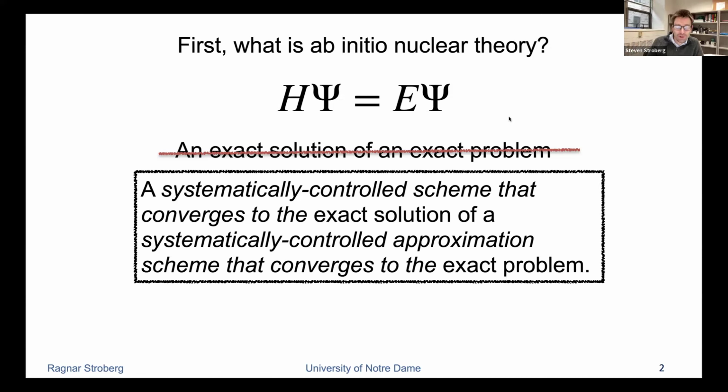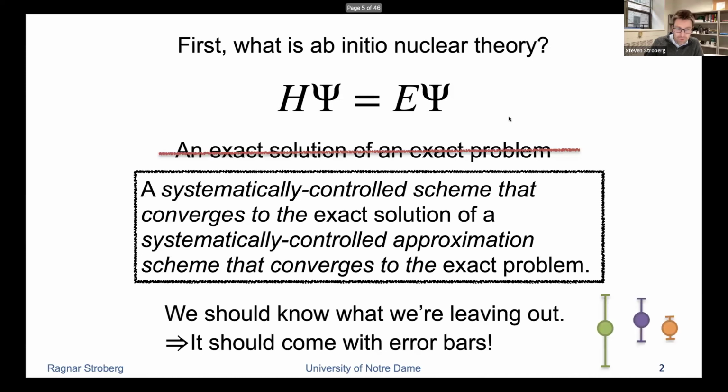So it's a bit more of a mouthful, but I think it's more accurate. So the special important thing here is that we know we're not doing the exact thing, but we should know what it is that we're leaving out. Maybe we can't include it exactly, but we can estimate it. And then that means it should come with some error bars. We should get some theory error bars.